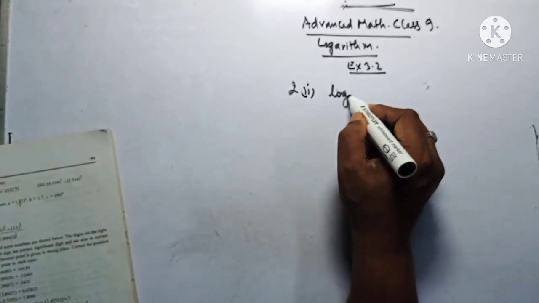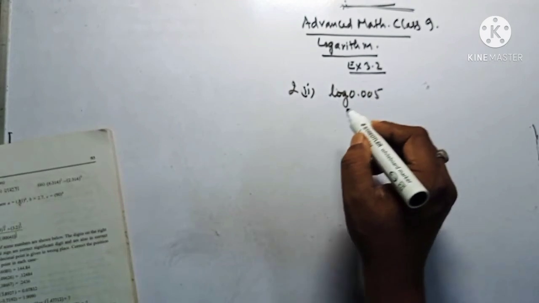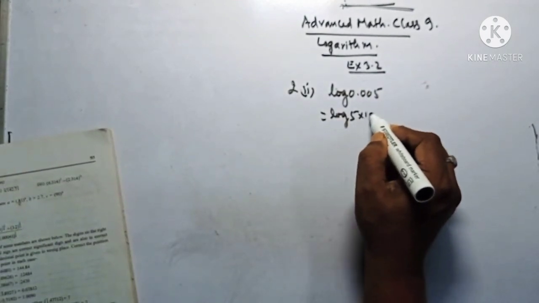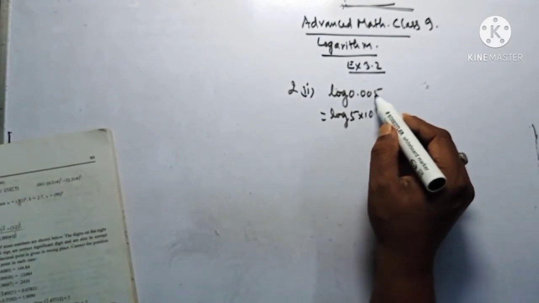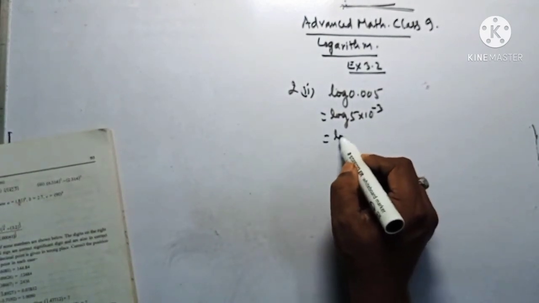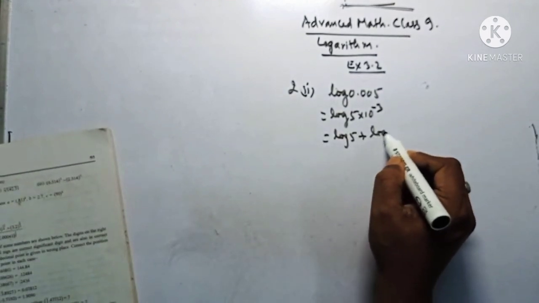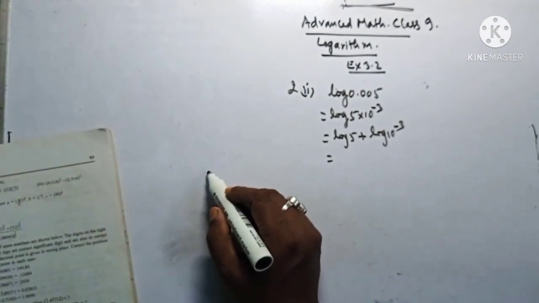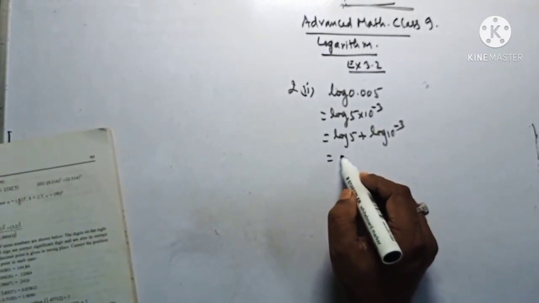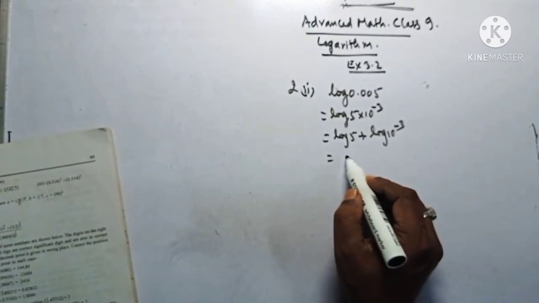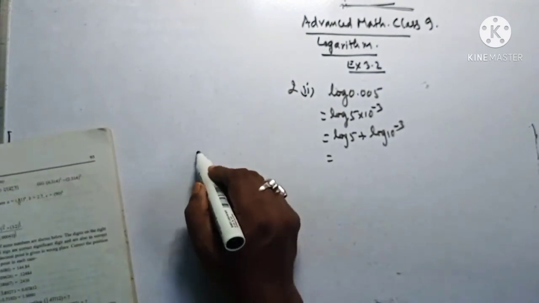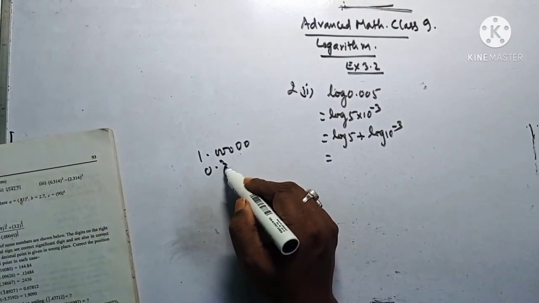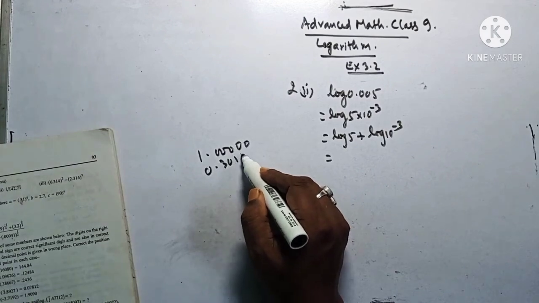So log 0.005 will be equal to log 5 into 10 to the power of minus 3. So this will be log 5 plus log 10 to the power of minus 3. So log 5, now I have calculated recently, that comes out to be 1.00000 minus 0.30103.